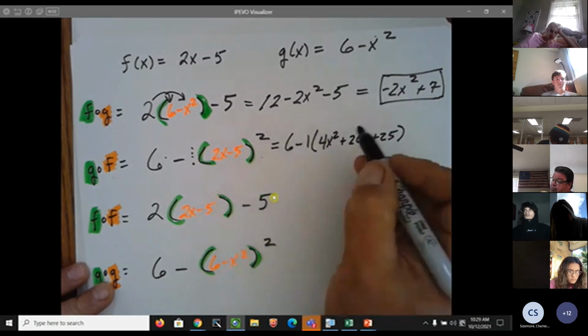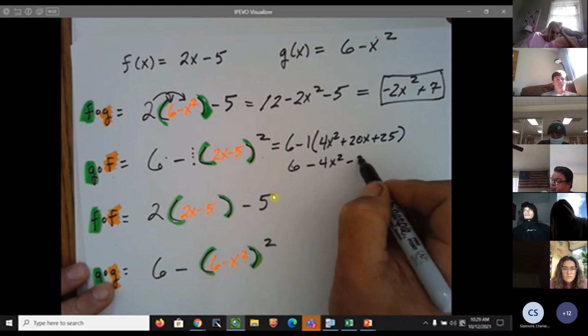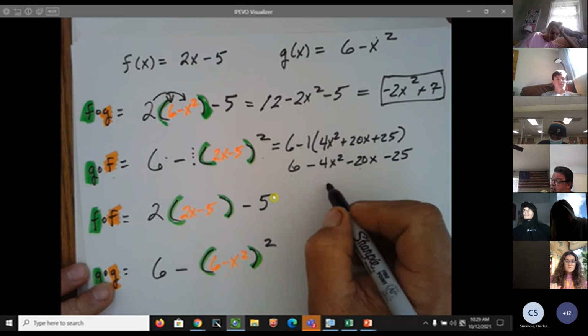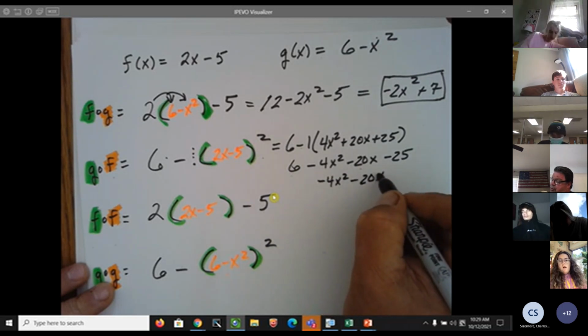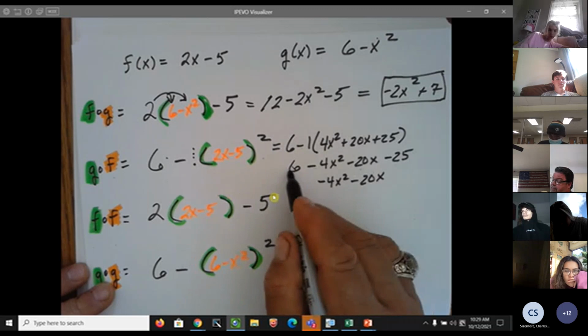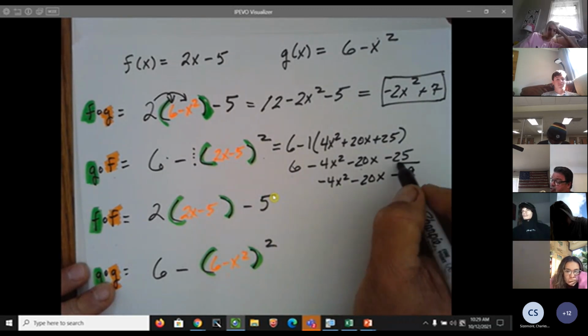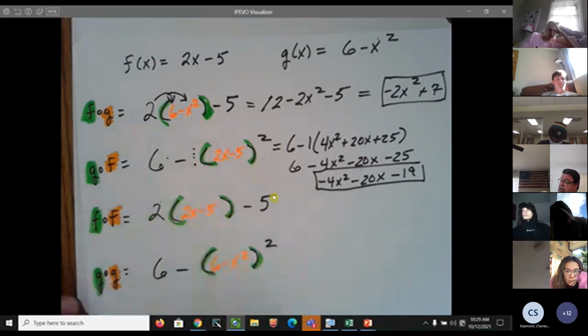And now I can distribute 6 minus 4x squared minus 20x minus 25. And that's going to be -4x squared minus 20x. -25 plus 6 is -19. And that should be your answer for that.